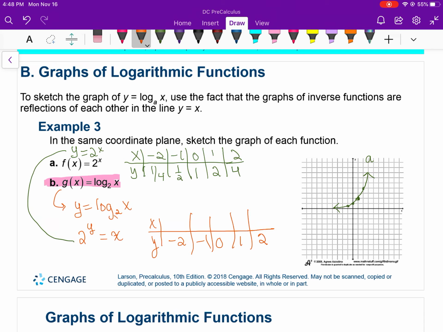This equation right here is solved for x. So you're going to choose y, find x. It will be true that these two tables will be the reverse of each other. 2 to the -2 is 1/4, and then 1/2, then 1, then 2, then 4.